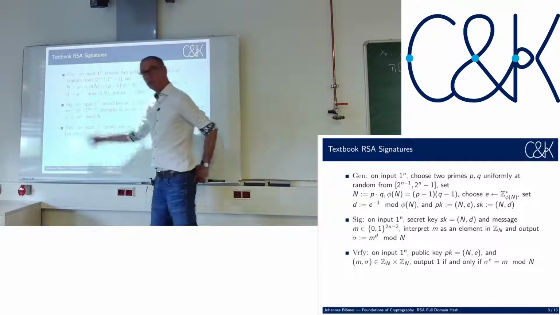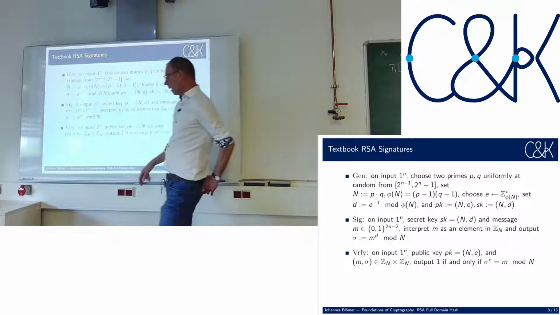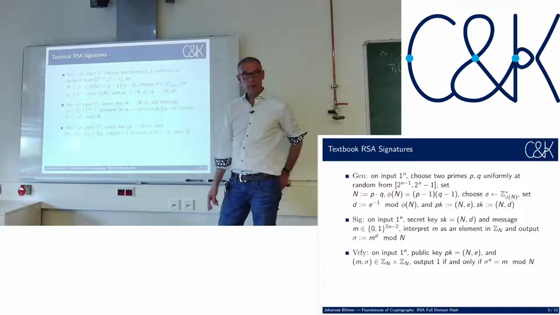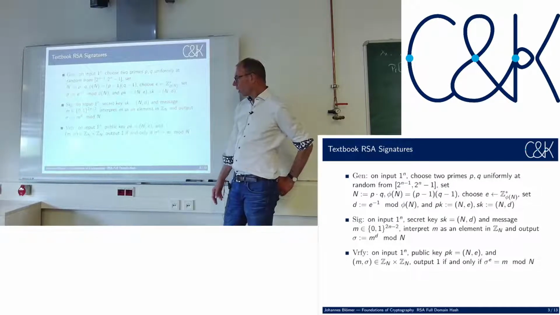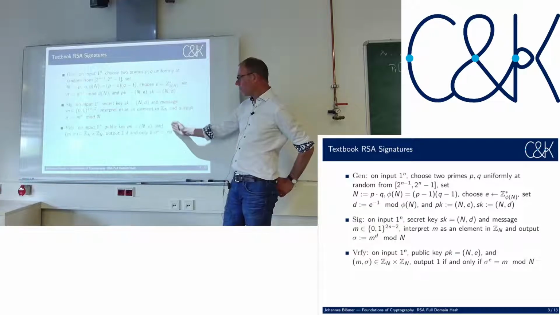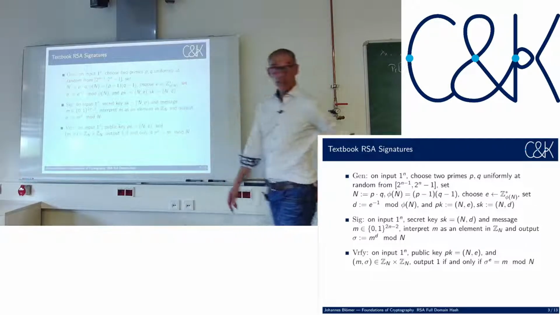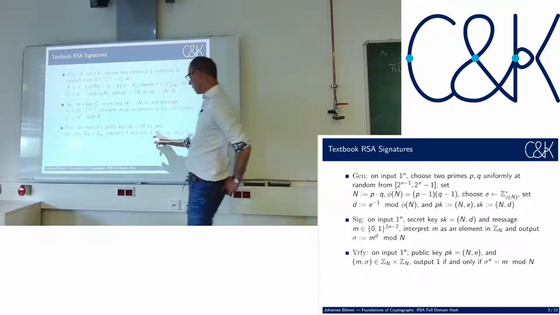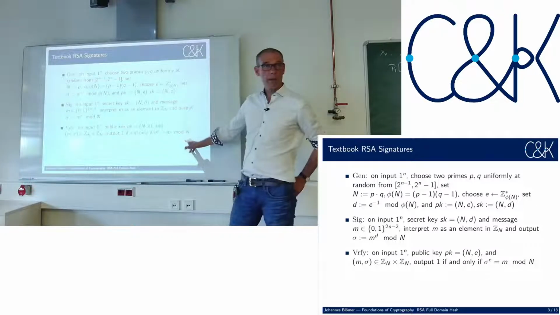This guarantees that it's a unique element in Zn, and it outputs as signature the exponentiation of m with exponent d modulo N. Verification, on input 1 to the n and public key pk, which is (N, e), gets as input a message and a signature, and it outputs 1 if and only if we exponentiate the sigma with e, then we get m back modulo N.